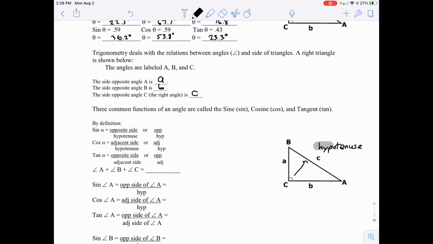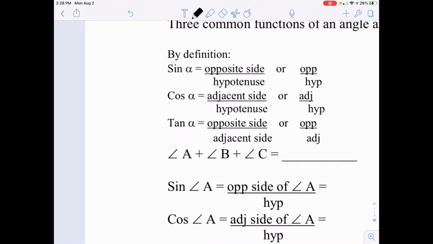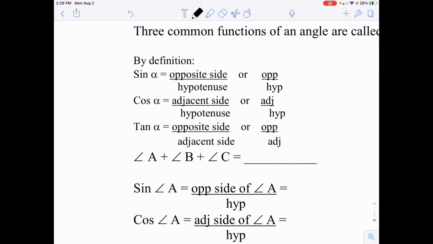Now is where we need to relate these three sides together. To do that, I'm going to write down an acronym, and many of your math teachers will share this acronym with you. And it goes as follows. SOH CAH TOA.